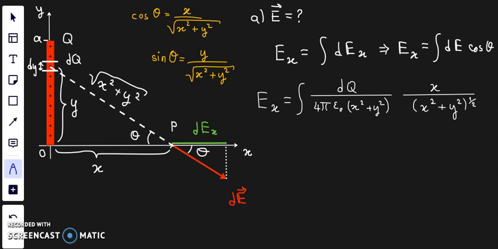For that, let's introduce the linear charge density lambda. Lambda is equal to total charge capital Q divided by the length of the charge distribution a. So that's lambda expressed in terms of the overall total quantities. We can also express lambda in terms of the infinitesimal quantities.